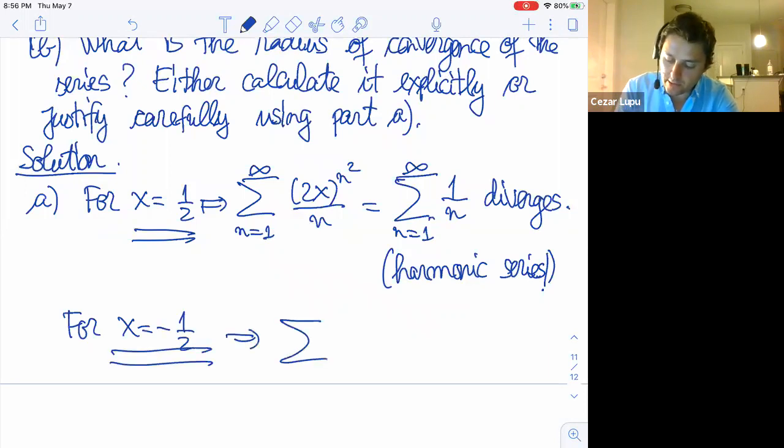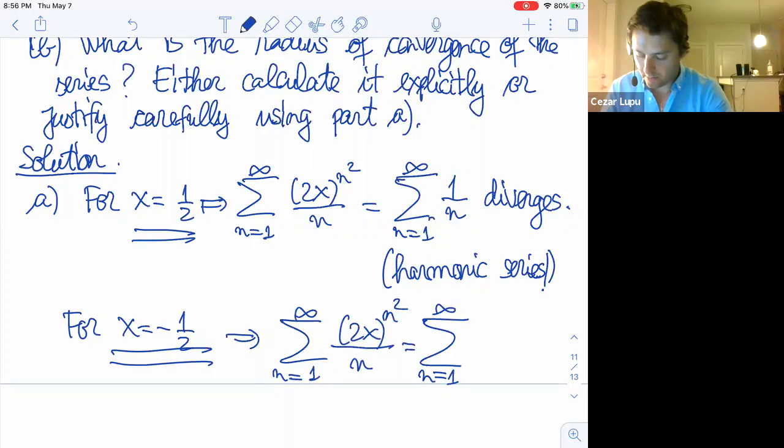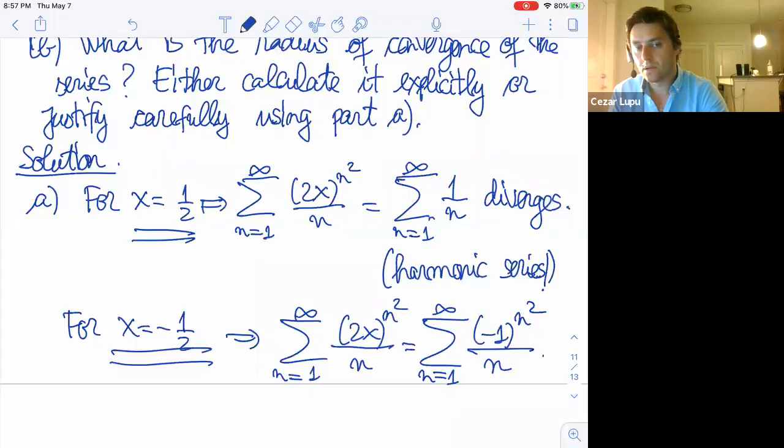So our series will become the sum of -1 to the power n squared, pay attention, over n. What do you think of this series? Is this convergent or divergent?